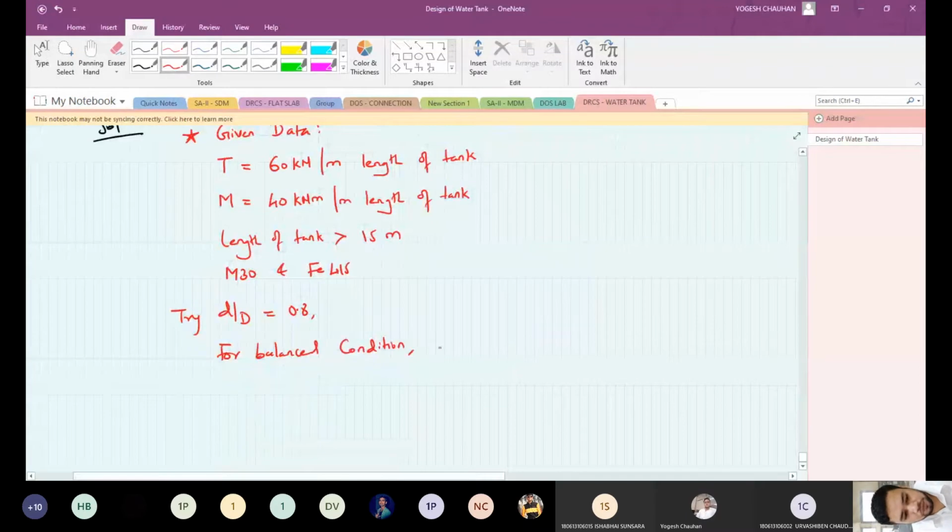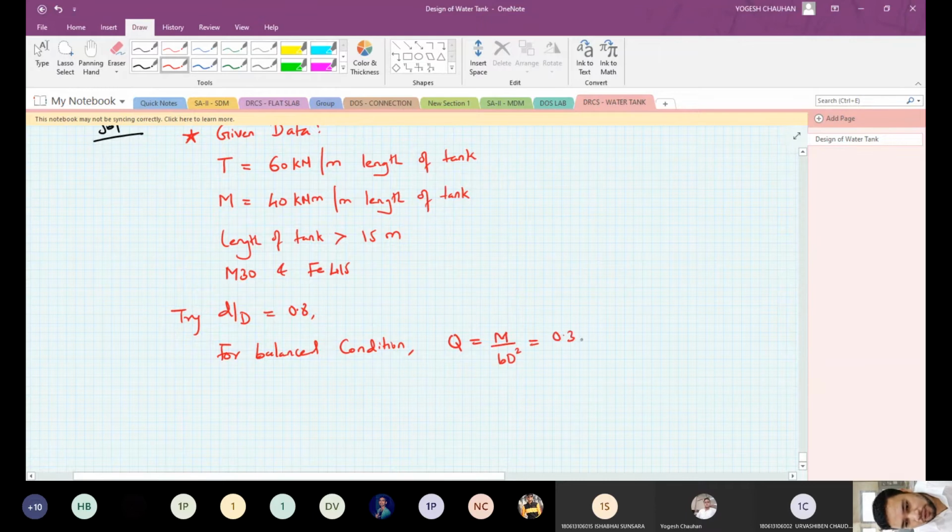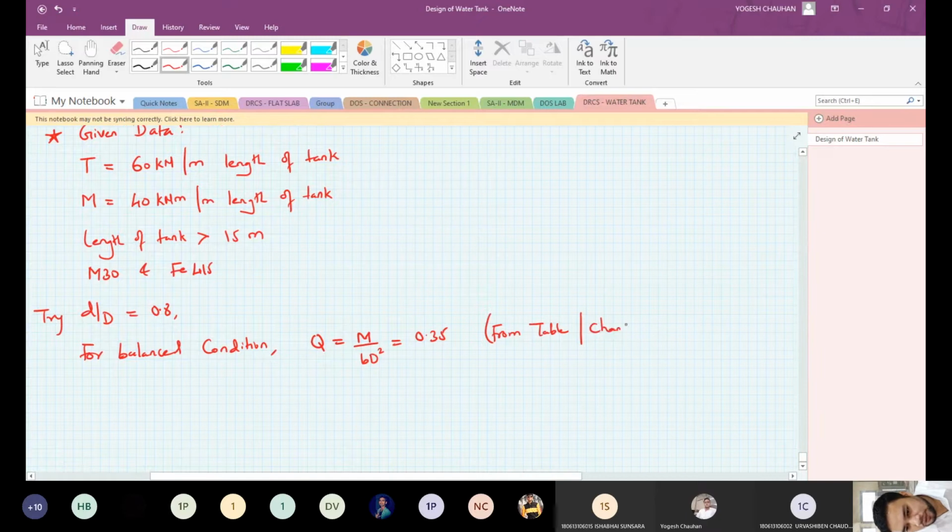So for this ratio, Q, which is nothing but M by bd square, is given as 0.35, either from the table or from charts, from table or chart for balanced solution. Balanced solution for M30 grade and d by D ratio of 0.8.